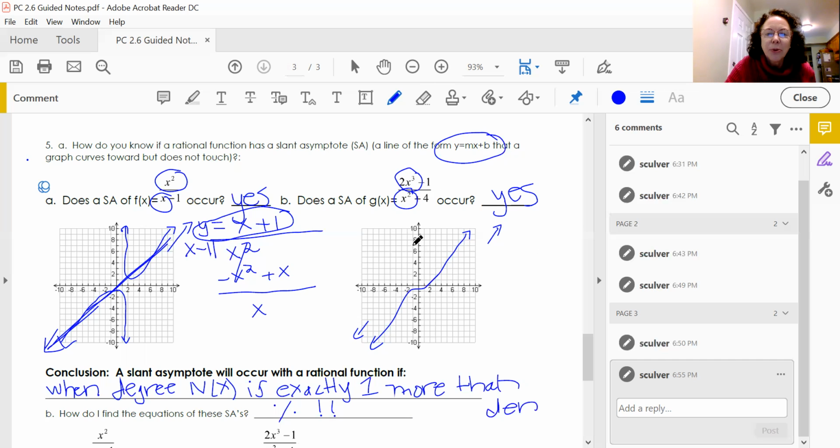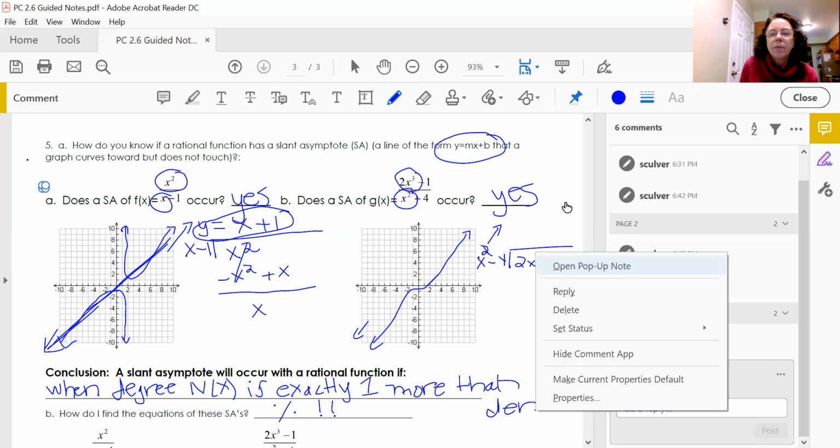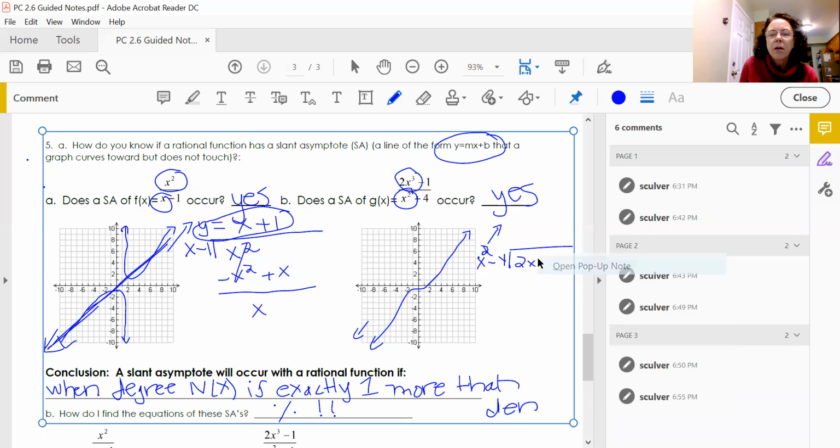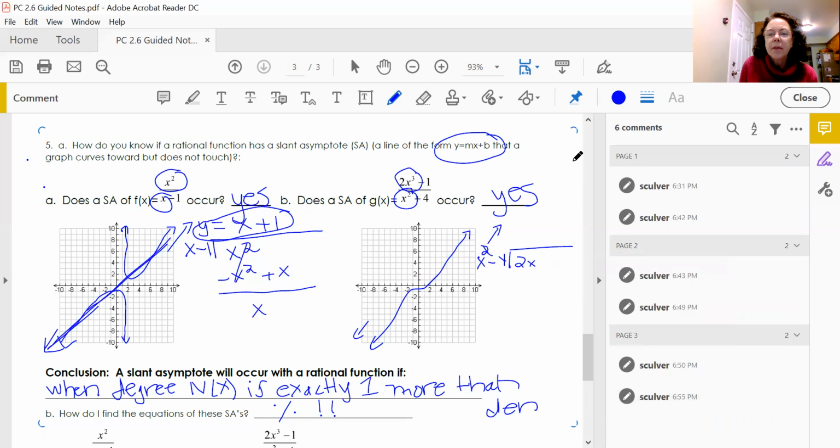Now, to do the division for B, 2x cubed minus 1 divided by x squared minus 4, I need a little bit more room. Let's try to go to the edge. That's a little too small, so I'm going to go below.